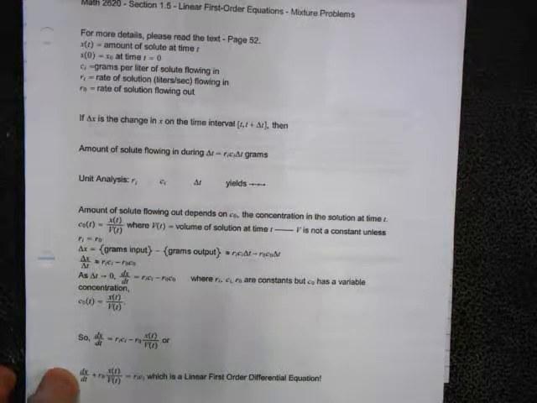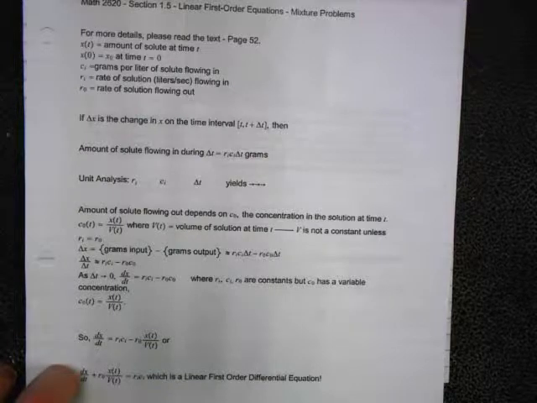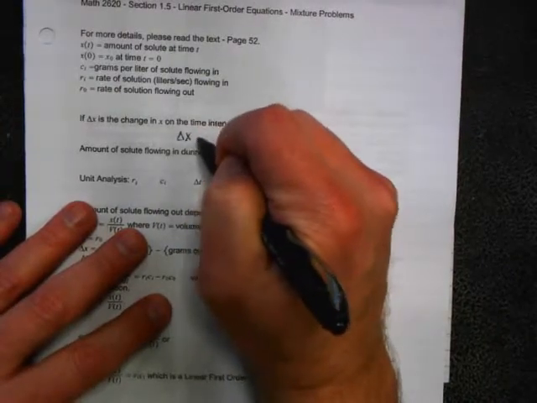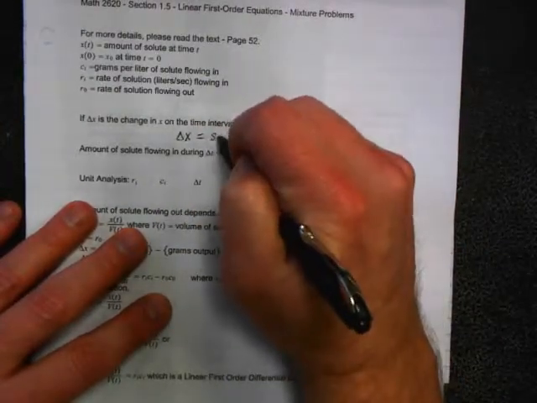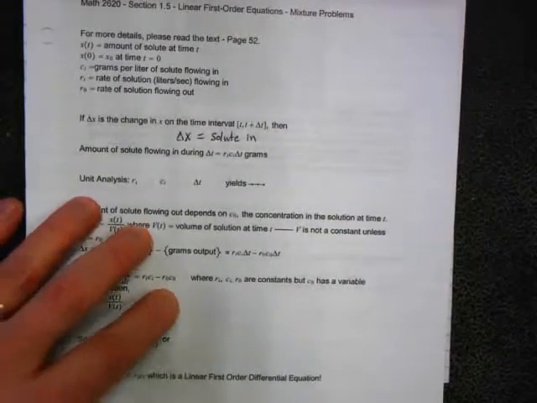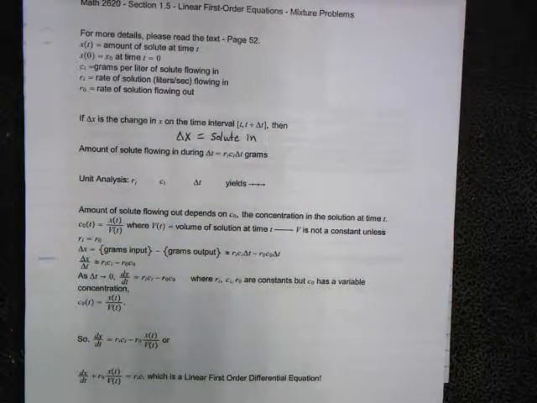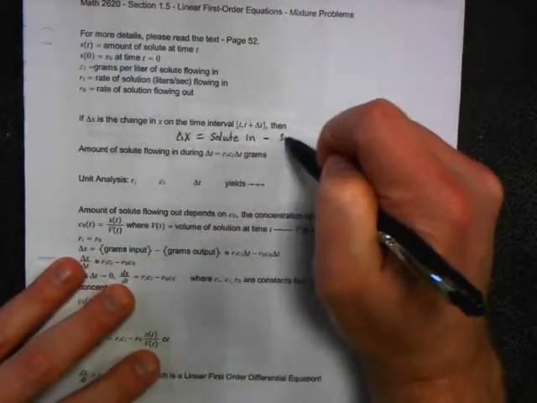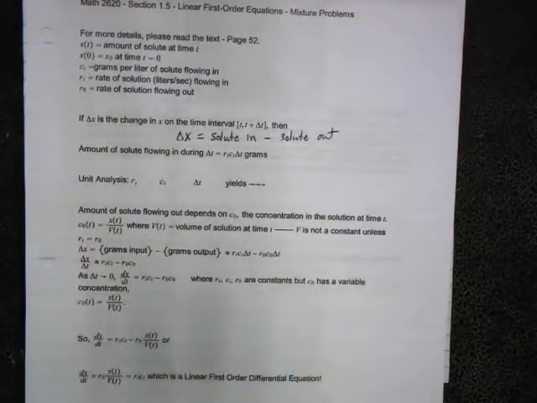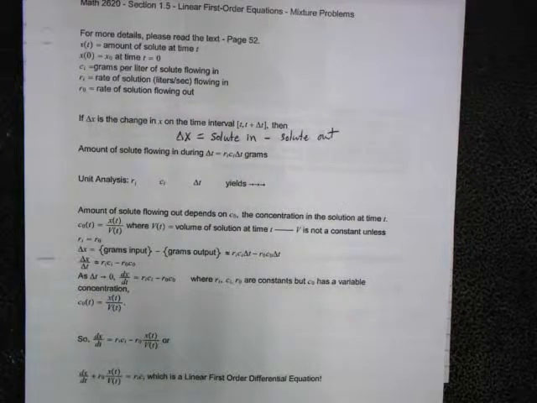It's going to be the change in X, and the change in X stands for the amount of solute. So delta X will be the solute that comes in, but remember we've got liquid flowing in and we have liquid flowing out. So minus the solute that goes out. That will be our change in our solute. It's how much we added minus how much we took out.